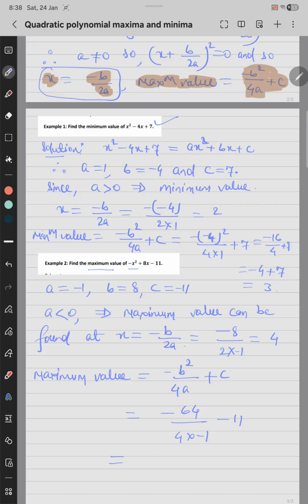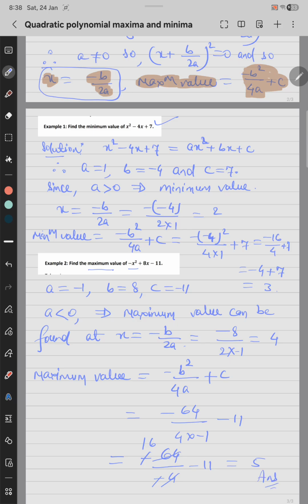So this will give us minus 64 divided by minus 4 minus 11. Now the minus gets cancelled, and this gives 16. So 16 minus 11, which is 5, is the answer.